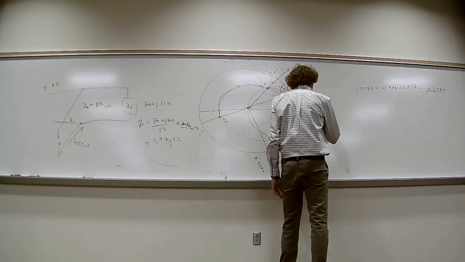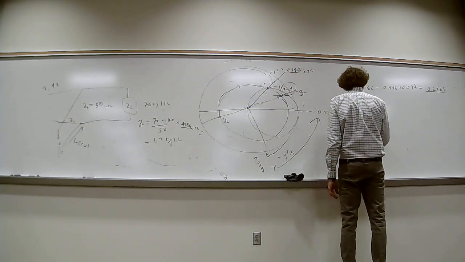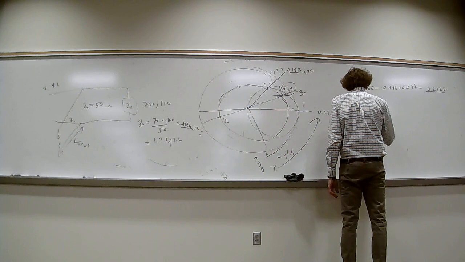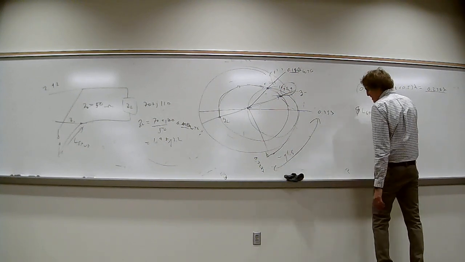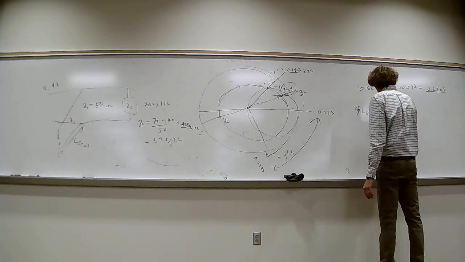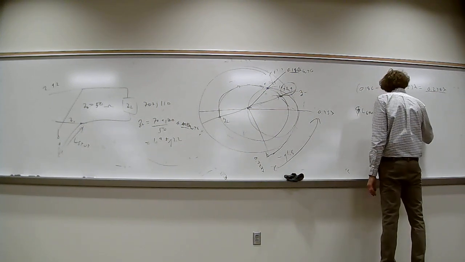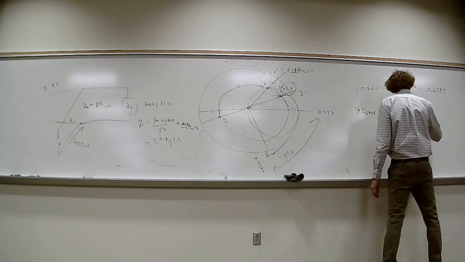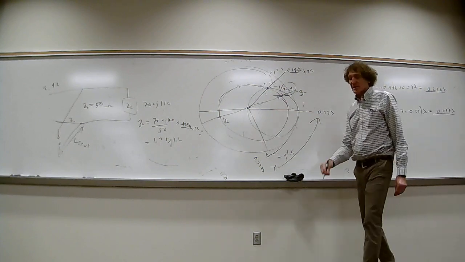This is 0.25 lambda, so the actual stub length, L stub, is going to be equal to 0.327 minus 0.25 lambda. What's that? 0.077. All right, now that's less than a tenth of a wavelength.